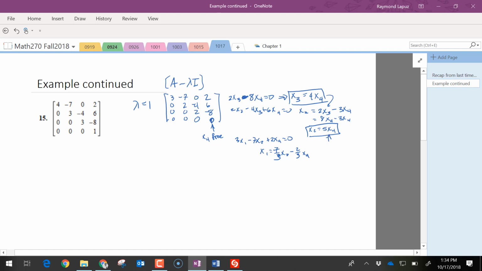So that's 35, and then 35 minus 2 is 33, divided by 3 is 11.